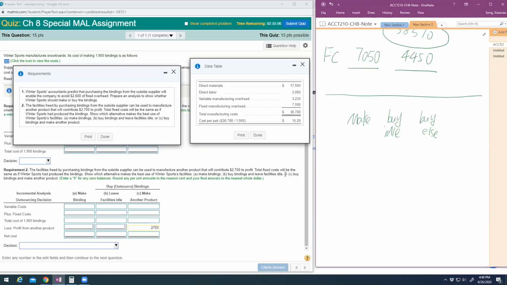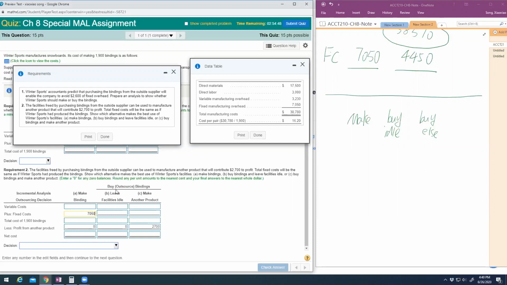So in that situation, total fixed cost will be the same as if you produced the bindings, right? For the make, remember, its fixed cost is 70.50.